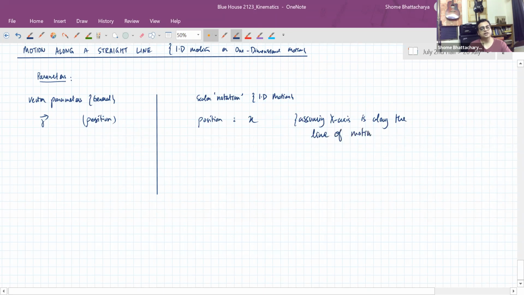So we have selected our x-axis along the line of motion, and we will represent the position at any instant as just the x coordinate. Similarly, we could have taken it as the y axis, so it would have been the y coordinate. But basically now we don't need to represent the position by a vector quantity anymore, like x i cap or y j cap. We can drop the unit vector because there's only one unit vector involved. The motion is only along one fixed axis. Like that, displacement was defined as the change in position, or R2 minus R1.